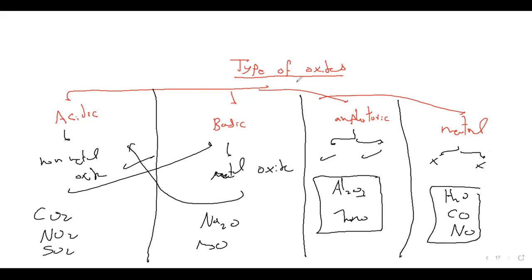So again, the types of oxides: acidic, non-metal oxide, which reacts with a base; basic oxide, which is a metal oxide, reacts with acid; amphoteric, reacting with both, like aluminum oxide and zinc oxide; neutral doesn't react with anything, like water, carbon monoxide, and nitric oxide.